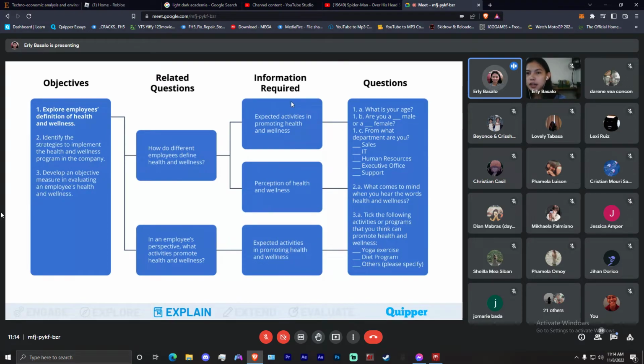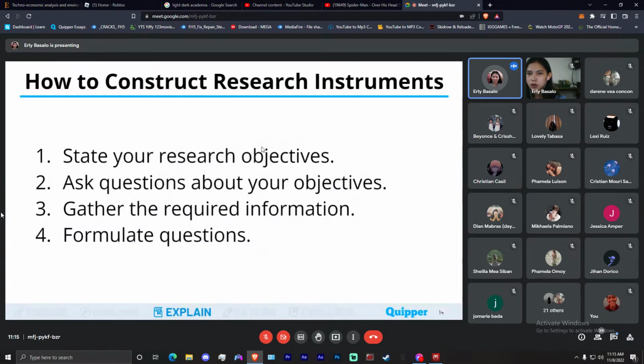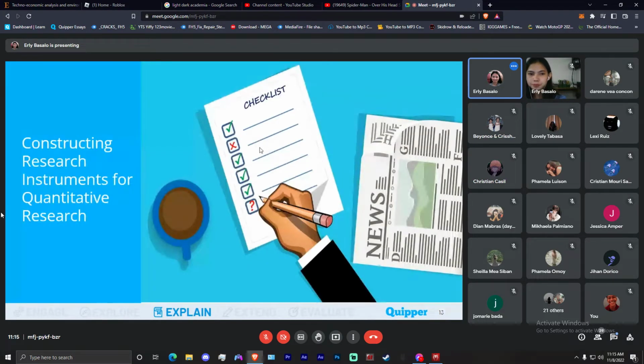For these required information, you should make sure that your questionnaires or survey questionnaires can answer and obtain them. Here, at the side, are the appropriate questions you will use to get the necessary and required information for your research objectives, to answer our research problem.